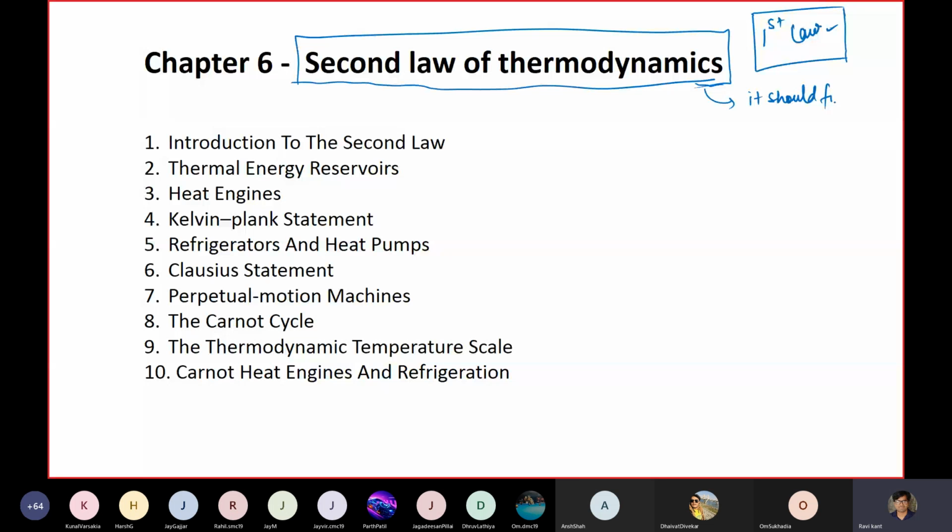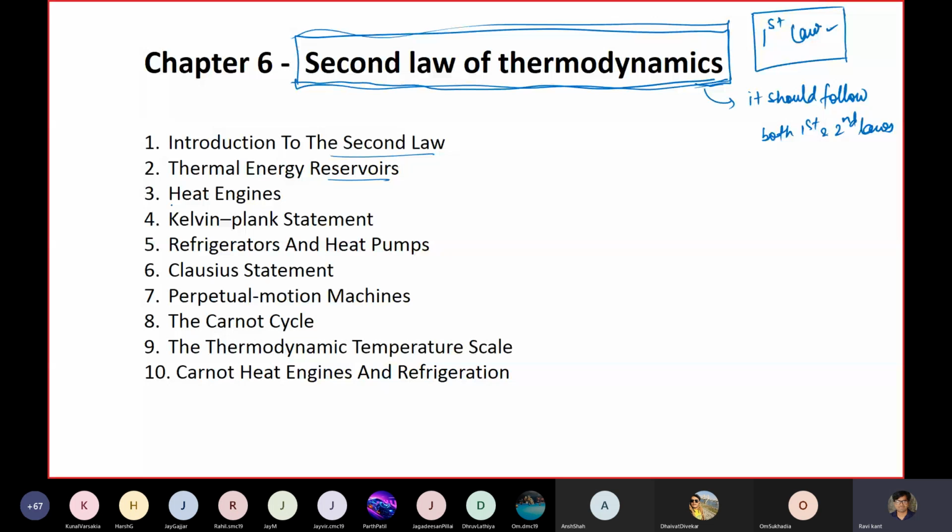So in this chapter, we'll talk about the introduction of the second law of thermodynamics. We'll talk about a few keywords we will be using frequently, such as thermal energy reservoirs. We'll talk about heat engines, and this second law basically will have two statements, Kelvin Planck and Clausius statements.